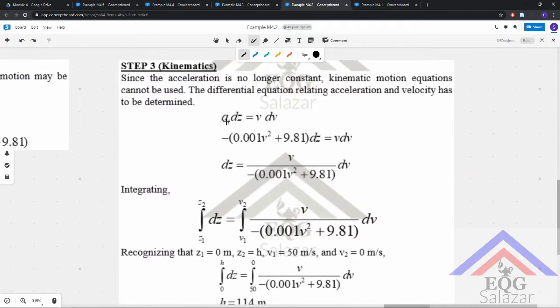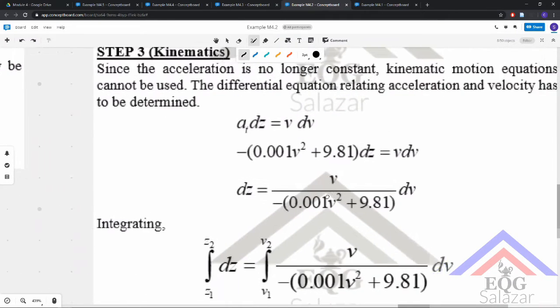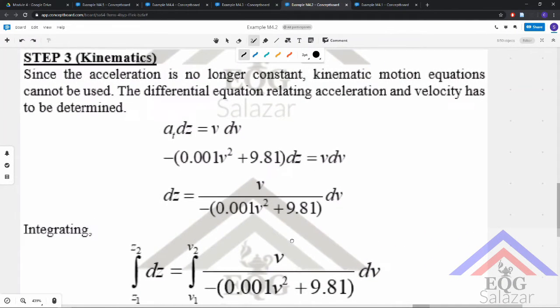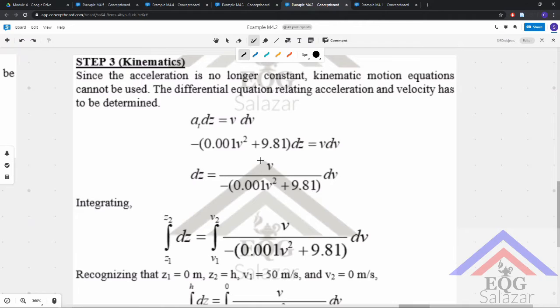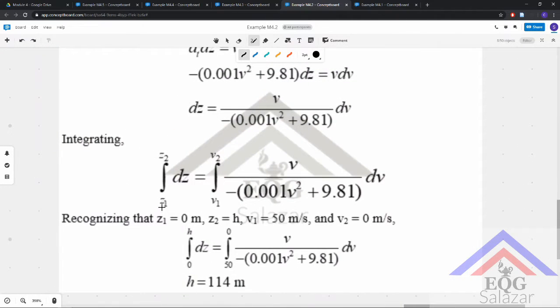So plugging in the expression for a in terms of v here, we find that this is a variable separable equation, so we can isolate variables z and v, and integrate.